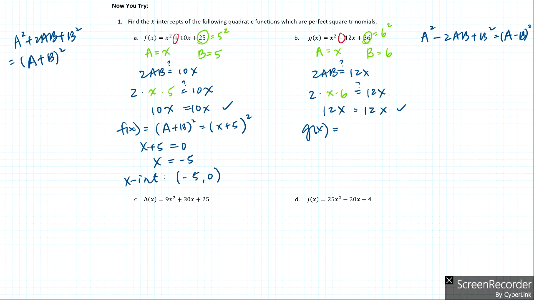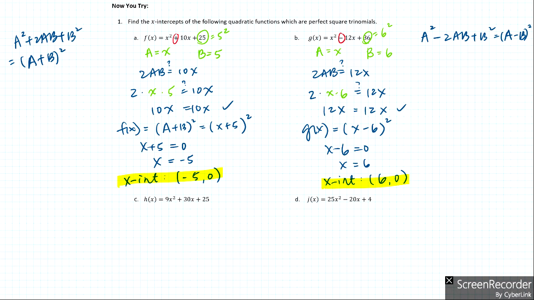And g of x, therefore, is equal to (x - 6) squared. Setting this expression equal to 0, we let x minus 6 equal 0, and x is equal to 6. Therefore, the x-intercept is (6, 0).